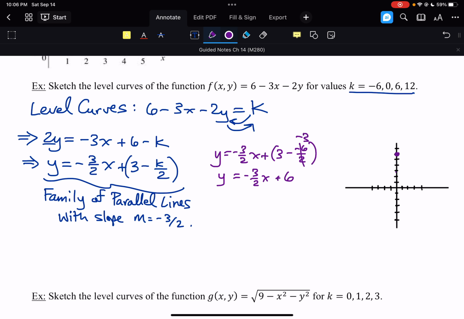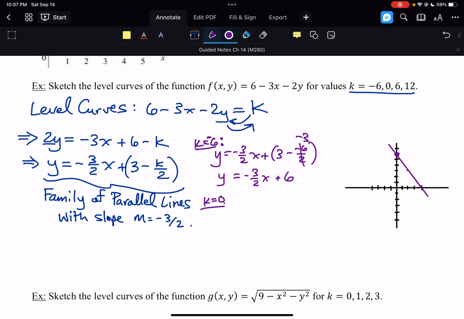And we go down 3/2, down 3/2. And then we try to connect the dots as best we can.